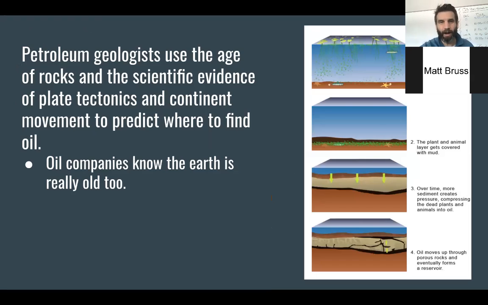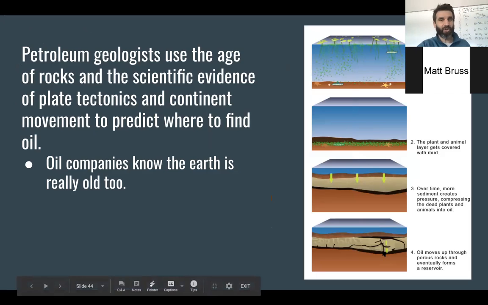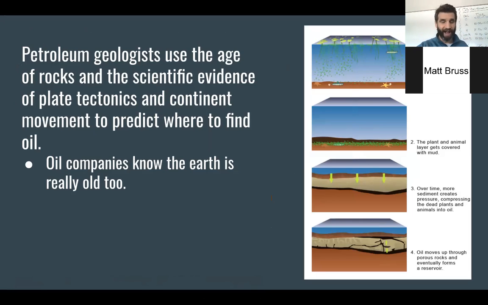In fact, petroleum geologists who look for oil understand that the Earth is really old, because they're looking for debris of old seafloors that have died, been covered up, exposed to high temperatures and pressures, and converted into oil. So when oil companies hire petrogeologists to find oil, these geologists need to know the age of certain rocks so that they can look for oil in the right places.